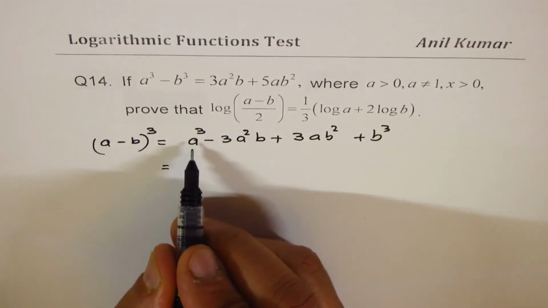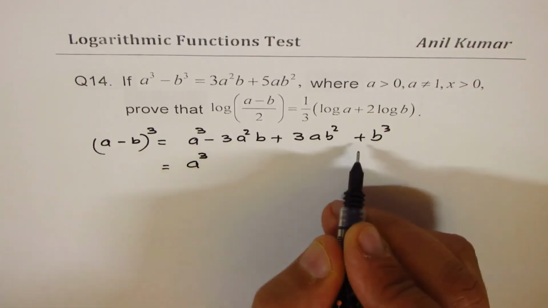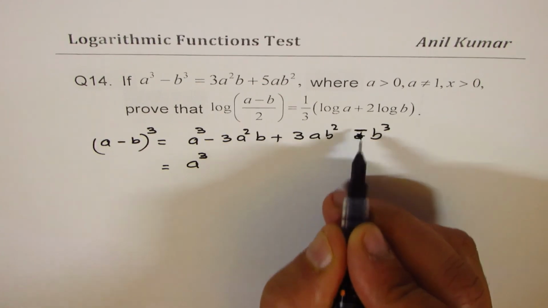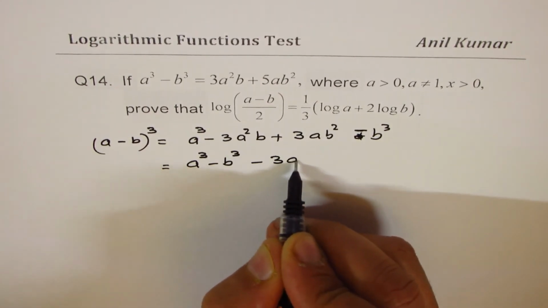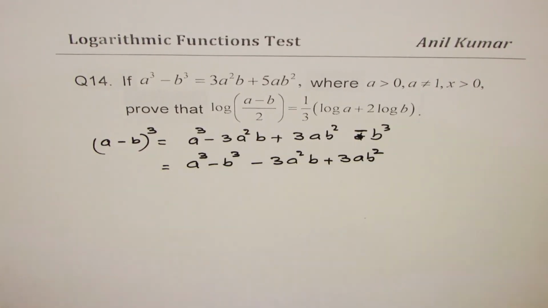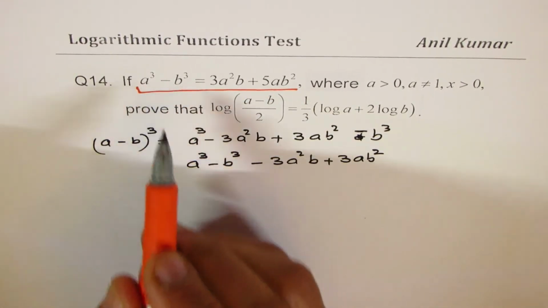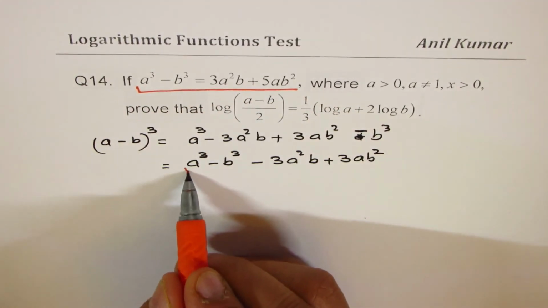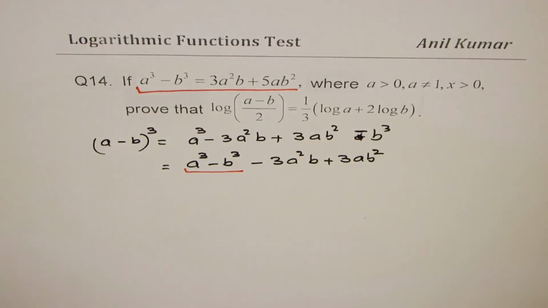Now we can rearrange. We get a cube minus b cube minus 3a square b plus 3ab square. Now we are given this, that is a cube minus b cube is all that. So I'm going to replace this by 3a square b plus 5ab square.